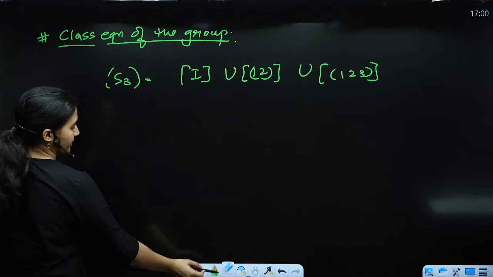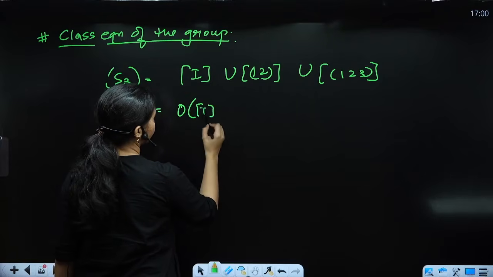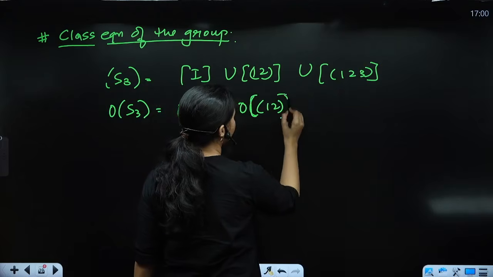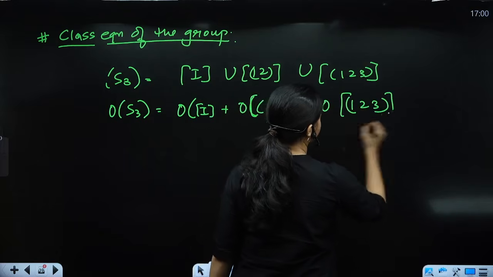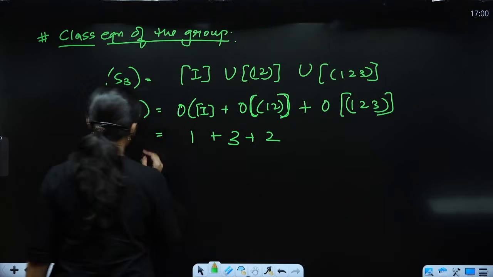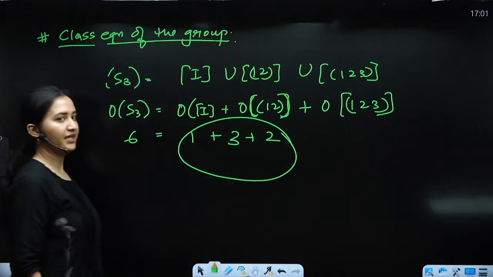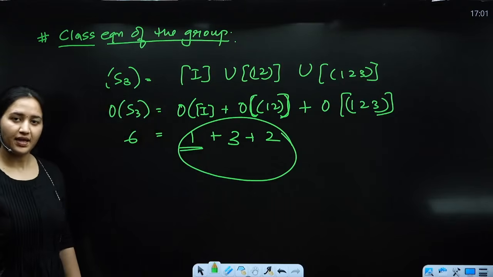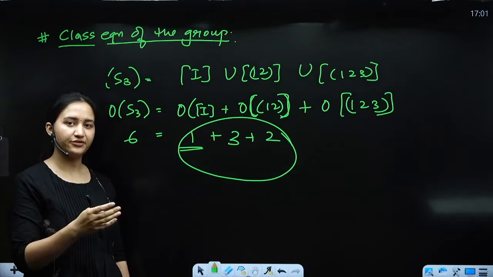So from here I can write that order of S3 equals the order of this class plus the order of the conjugacy class of (1 2) plus the order of the conjugacy class of (1 2 3), which is nothing but 1 plus 3 plus 2, and this is equal to 6. So basically this is the class equation of a group, right? As many 1s as there are, you will find out that those elements are going to be inside Z(G). That is also a different concept, we will see that.